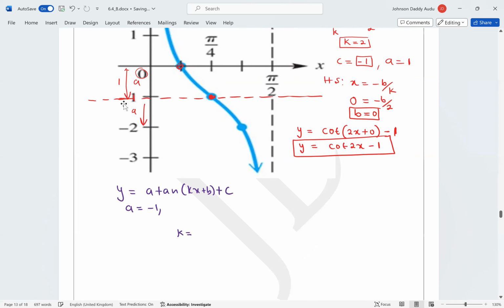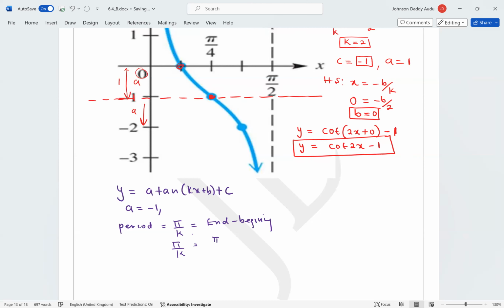So we will see the period is pi over K, right? The same. It's still end minus beginning. So this is pi over K.